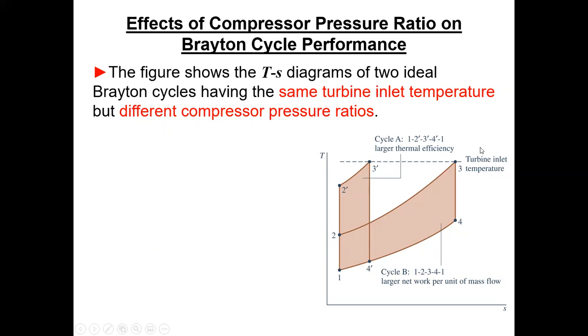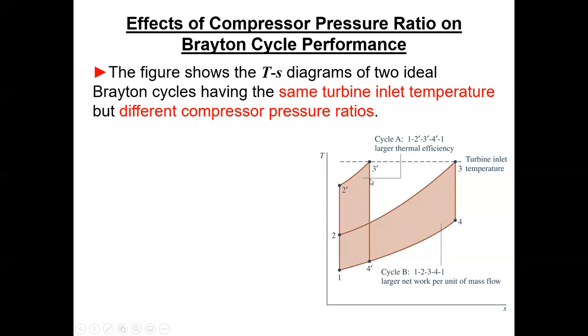So now we have two different cycles. We've got 1, 2 prime, 3 prime, 4 prime, 1, and we have jacked up P2. But we're not going to let the temperature at 3 or 3 prime be different, they're going to be the same for both cycles.